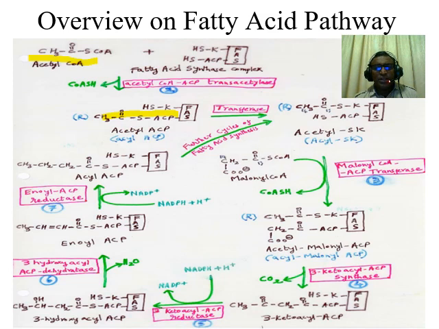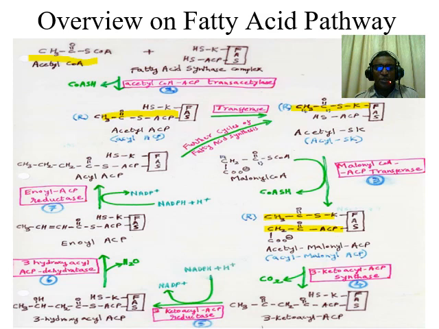Next, the ACP will transfer the acetyl group towards the condensing enzyme as shown here. And after this, since the ACP is now free, it will then grab the malonyl CoA towards it as shown here, and therefore now both the condensing enzyme and ACP have a group.